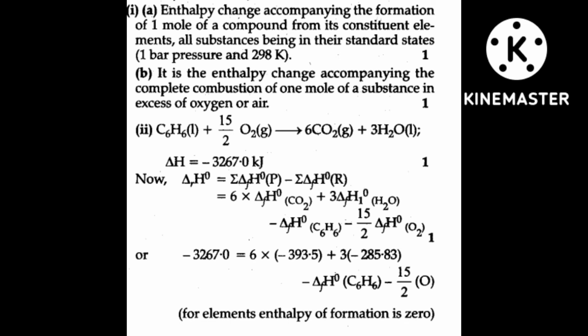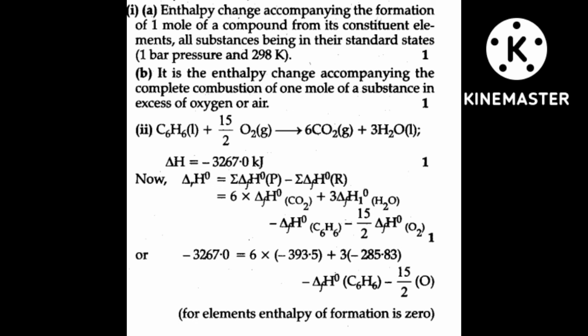This is a new reaction after changing, the fourth one. Then this fourth one and the second one, C plus half O2 giving CO2, just add them. That's your problem solved.